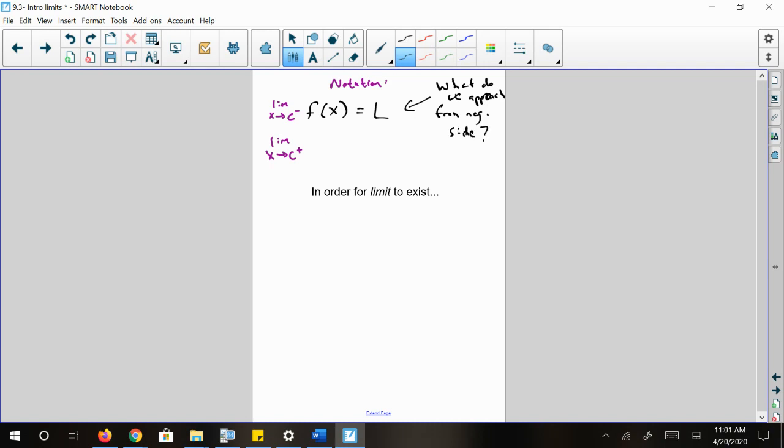Okay, or in other words, what do we approach as we are coming from the left side? Okay, and the limit as x approaches c from the positive side of f of x, I'm going to call that R, which means what do we approach from the positive side?